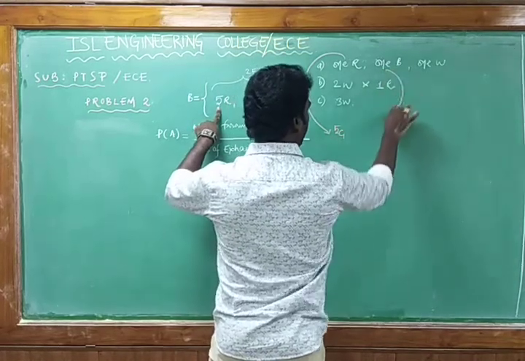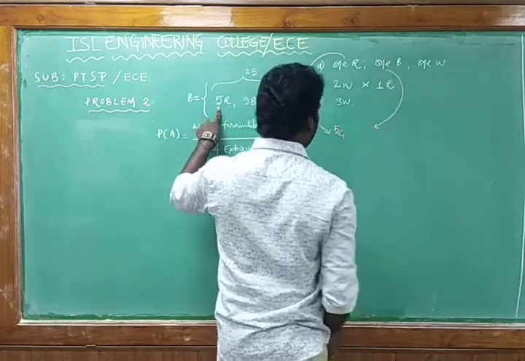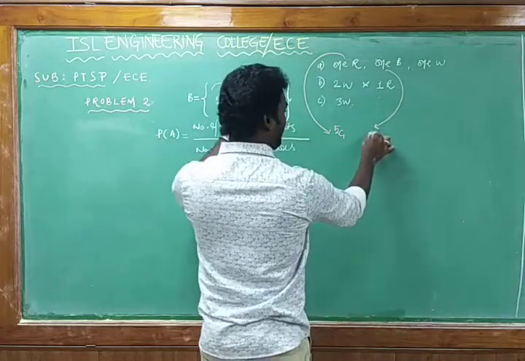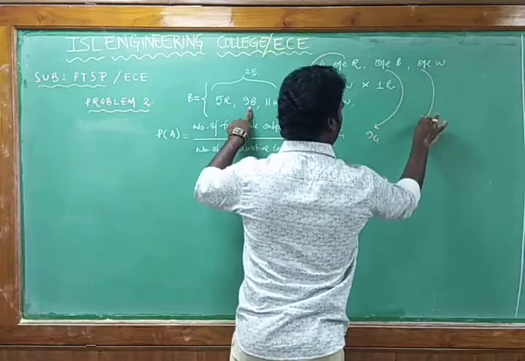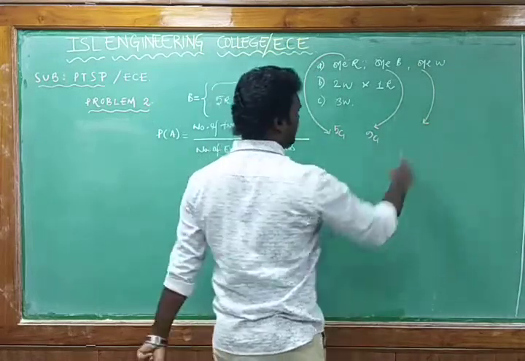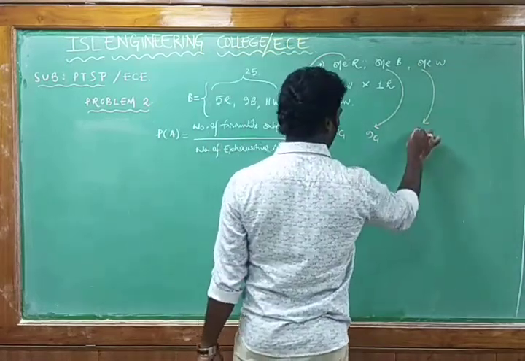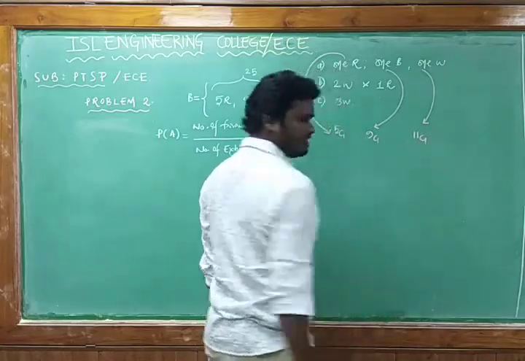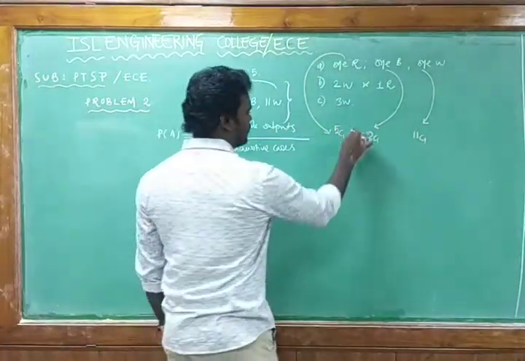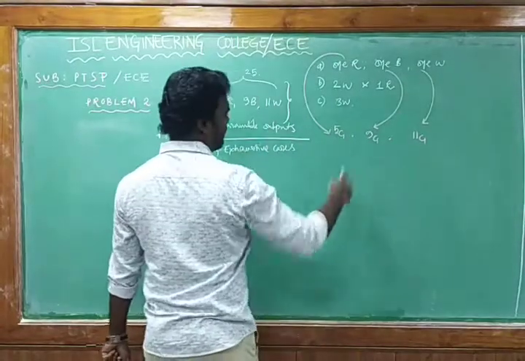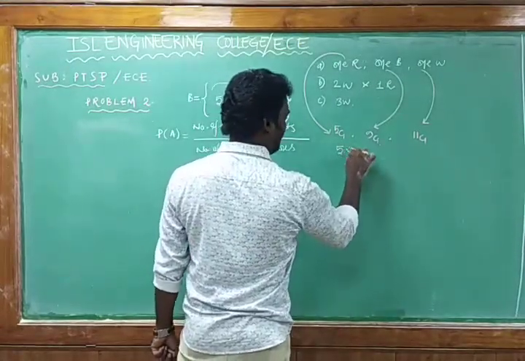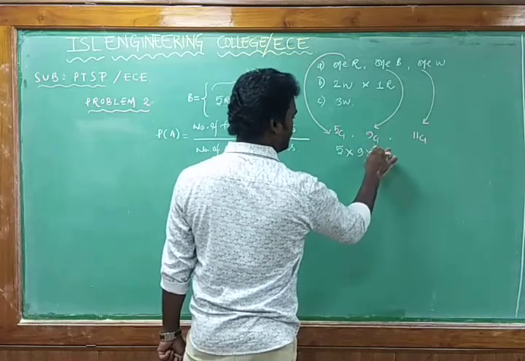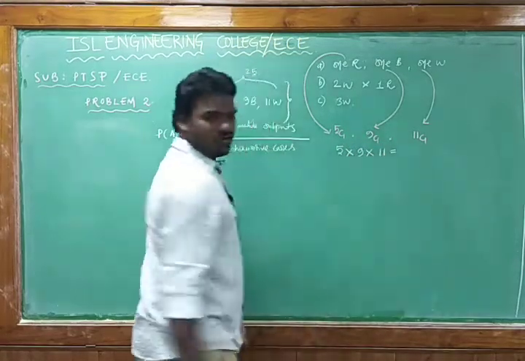Then we select 1 blue ball, and the total number of blue balls is 9, so 9C1. And there are 11 white balls, from which we choose 1, so 11C1. So the total number of favorable cases is 5C1 into 9C1 into 11C1.